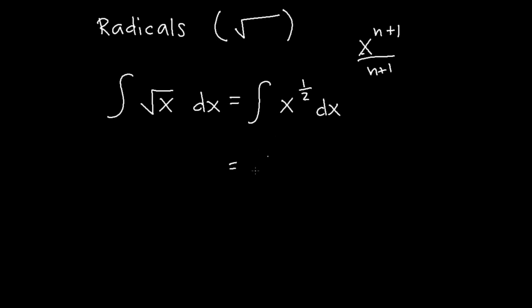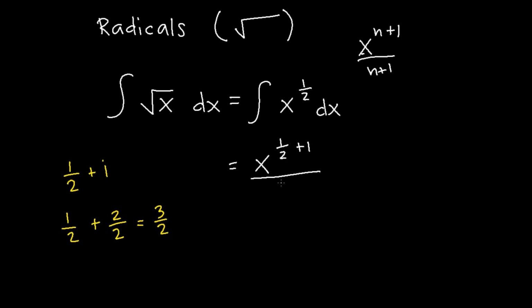So x to the 1/2 plus 1. The 1/2 plus 1 is just equal to 1/2 plus 2 over 2, because 2 over 2 is just equal to 1. So this is 3 over 2. So it is x to the 3 over 2, over 3 over 2, plus c. Then simplify.